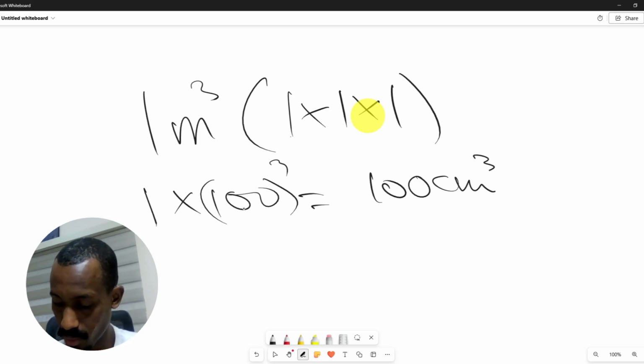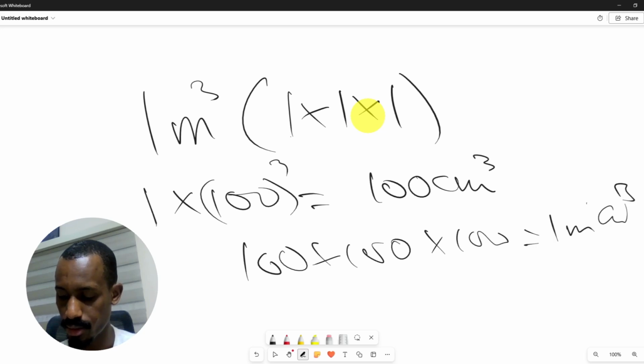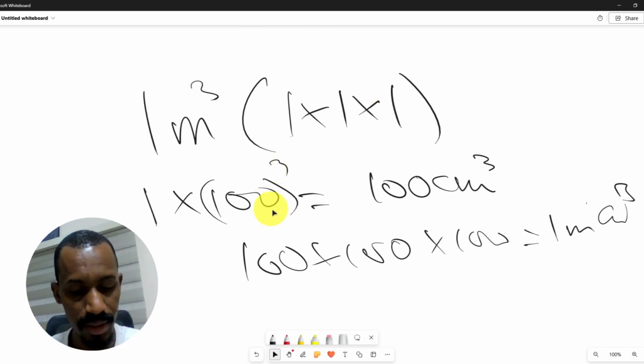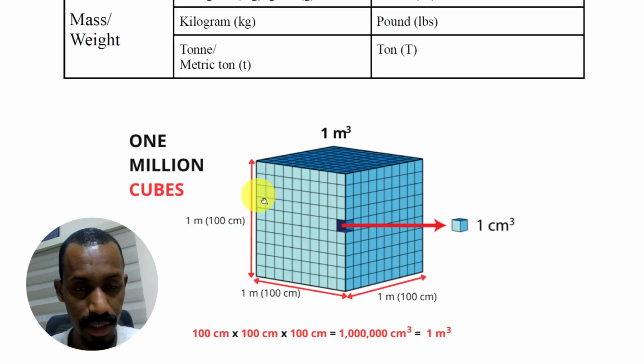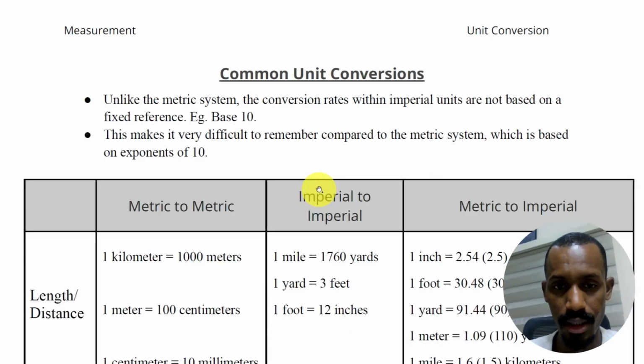So 100 cubed is 100 times 100 times 100, which gives you 1 million centimeter cubes. If you look at this picture, you need this small cube, 1 million of them, to have this 1 meter cube.